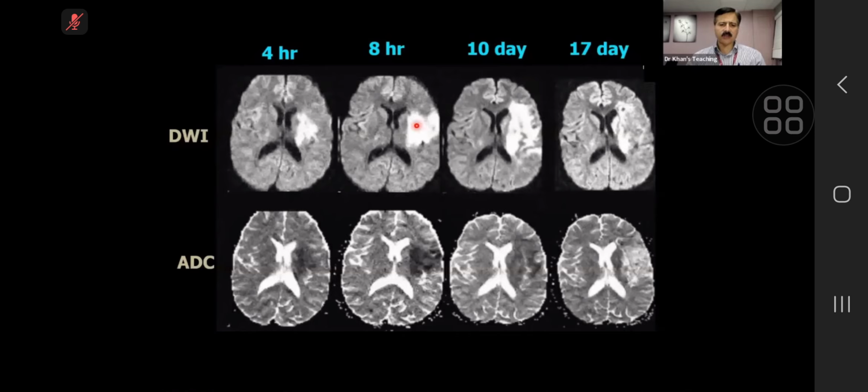So if you see this area here at 8 hours, this is bright on DWI and low on ADC map. And at 10 days, a bit of change is there. You can see this ADC is not as black. And at 17 days, it is not all that bright. It is high in signal. And the ADC is also high in signal because of T2 shine through.